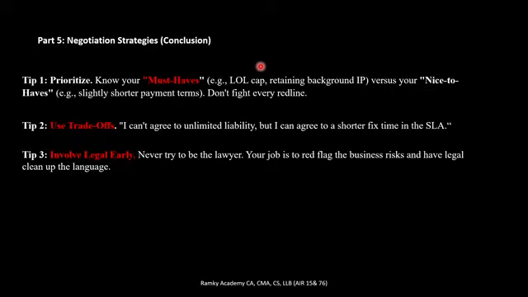And maintaining the background IPs are nice to have, slightly shorter terms, and don't fight every red line, because everybody has to come to the midpoint and agree and safeguard the risks they have agreed in the contract. And use trade-offs. I cannot agree to unlimited liability, but I can agree to shorten the fix time in the SLA.